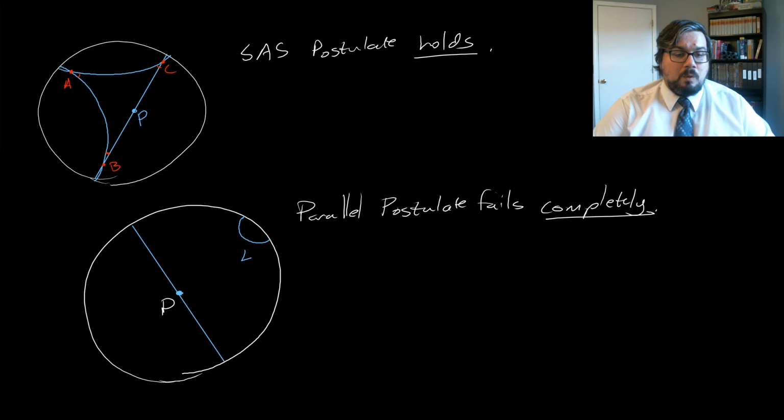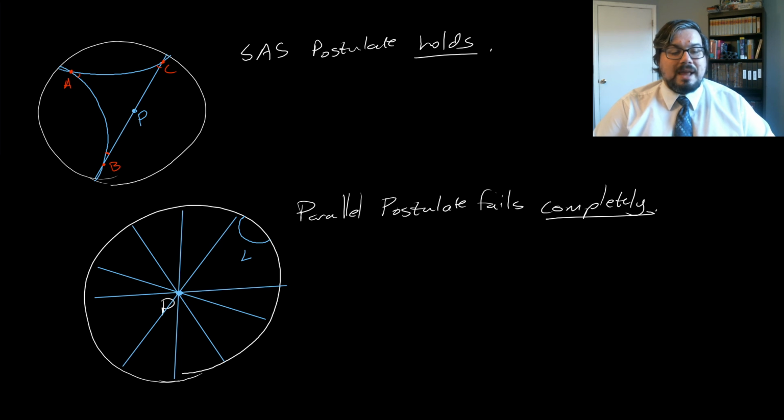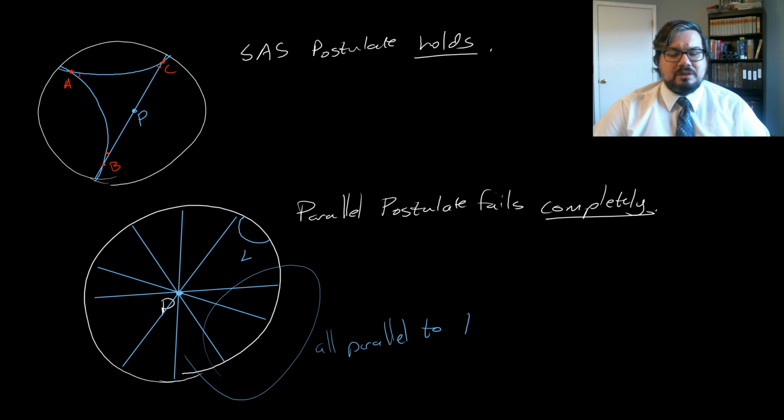So there's one line that goes through P and is parallel to L. There's another one. And there's another one. And there's another one. And all of these lines are parallel to L, because remember, the definition of what it means to be parallel is that the two lines don't intersect. And all of these lines that we've drawn through P do not intersect the line L, which means that these are all parallel to the line L.